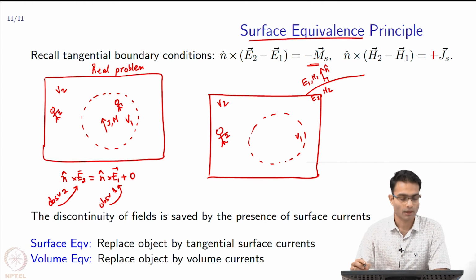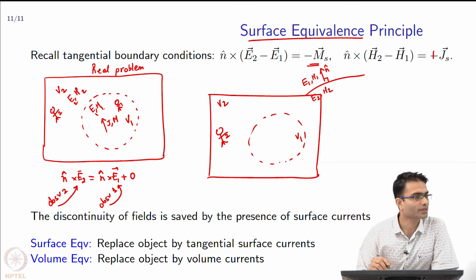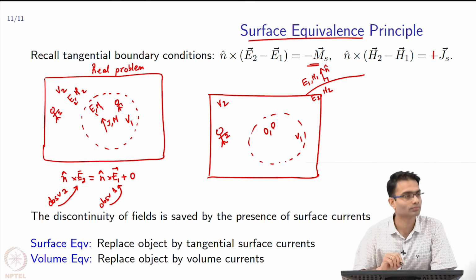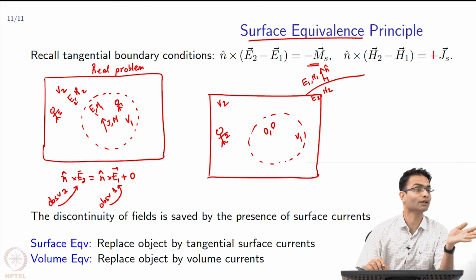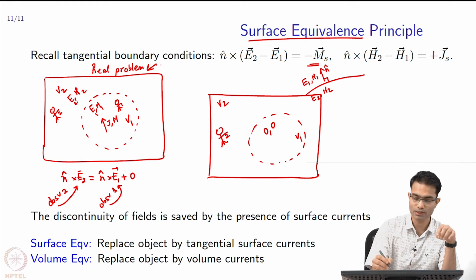Here the fields were E2, H2 and E1, H1. Here what I do is, I set the fields equal to 0. Remember, this is now an equivalent problem. It is not a physical problem. The physical problem was here, this is a math problem.